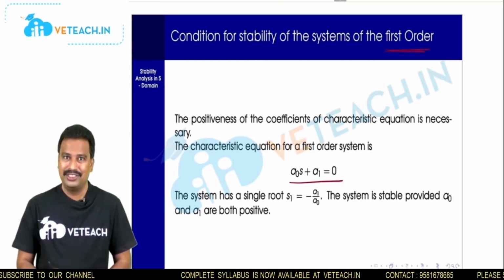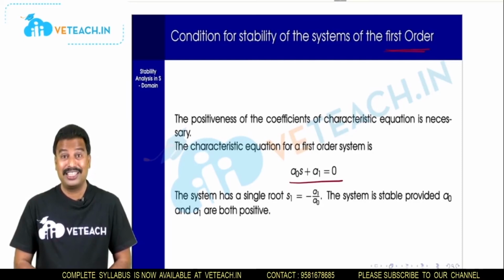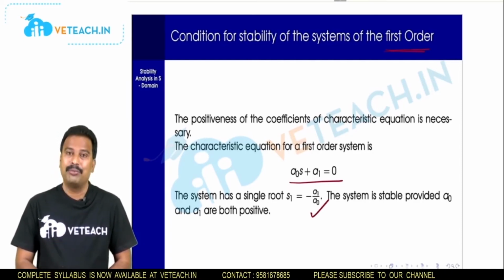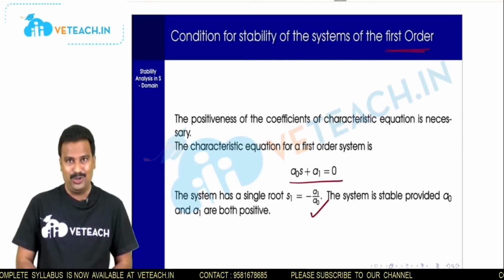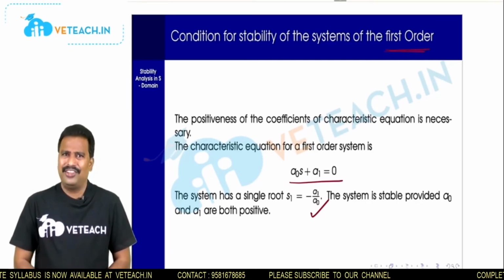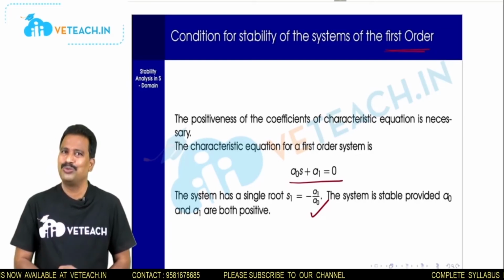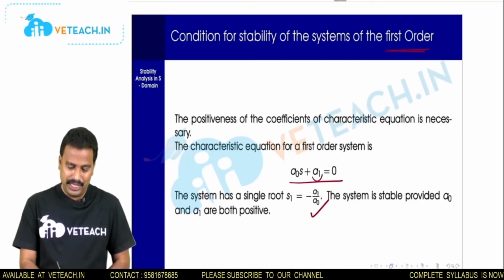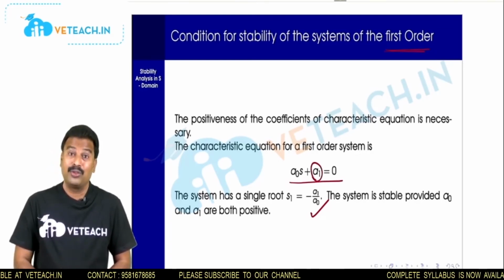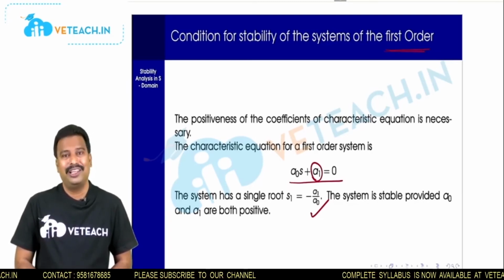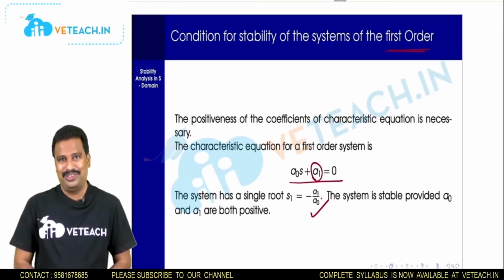So if you simplify this, you will get the value of s as s1 is equal to minus a1 by a naught. You know that this a naught is greater than 0, so a naught is always positive. Then if a1 is positive, I can say that s1 will be a negative value.